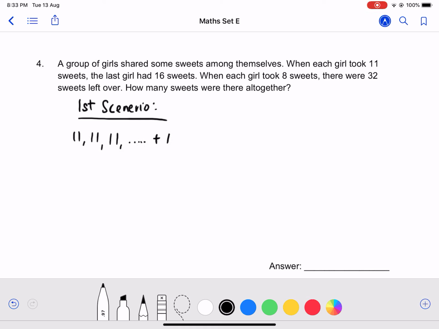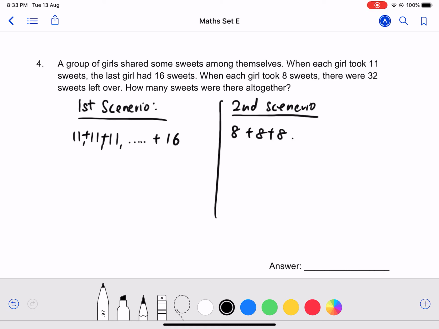The last girl will end up taking 16. Okay, now the second scenario is this. If you divide, each person gets lesser, 8 plus 8 plus 8 and so on, the last person will be getting 32.